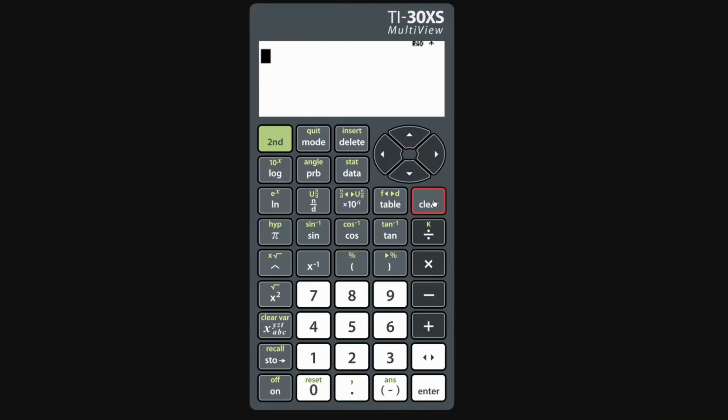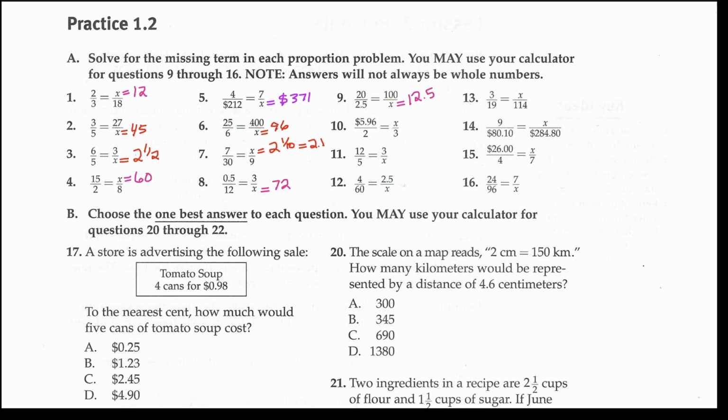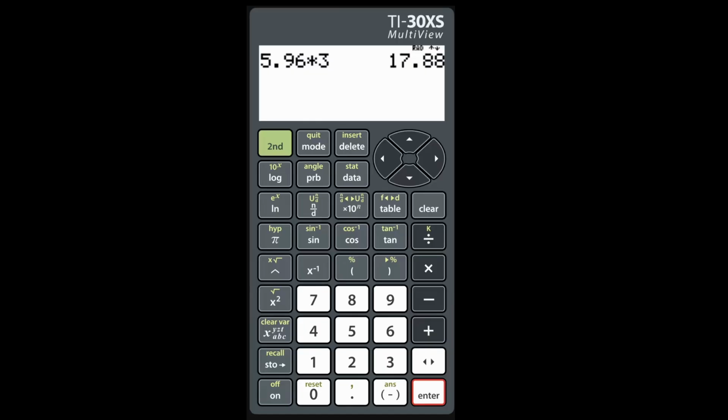Why don't we clear this? 5.96 times 3 equals 17.88. Go back to the question, and it says divide that by 2. So go back to the calculator. All I do is push the division symbol and put a 2 here, then enter.